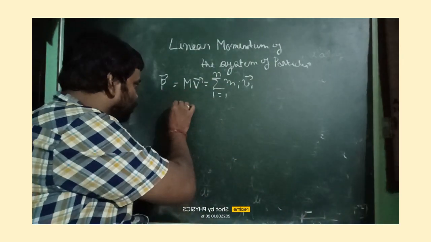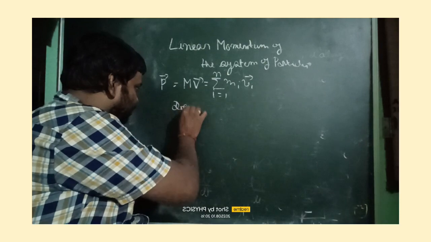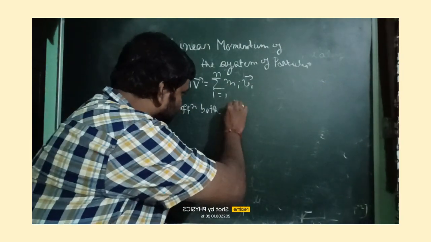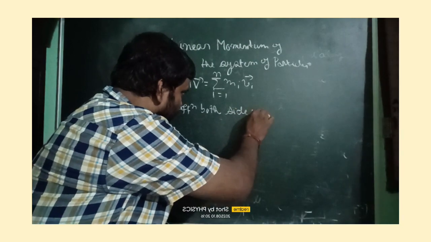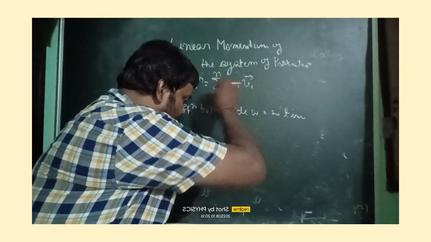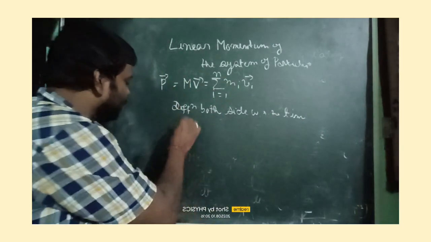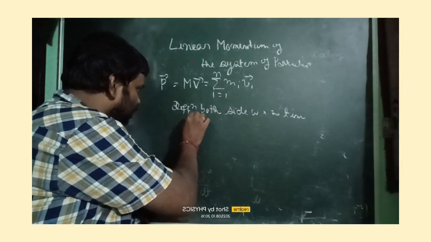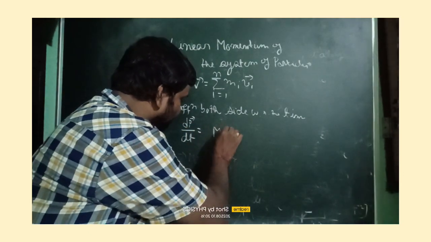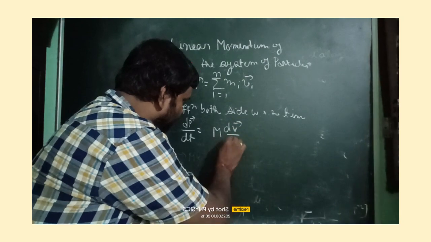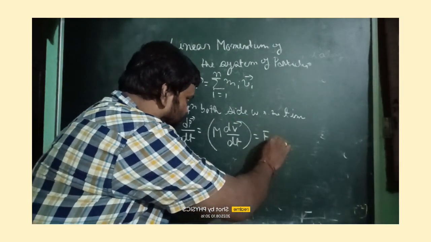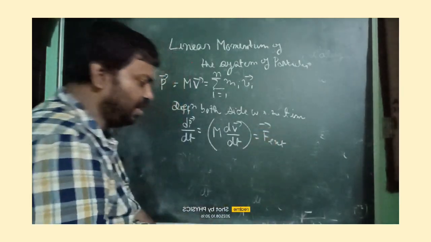Now differentiating both sides with respect to time, what will we get? That is dp by dt equals m dv vector by dt. What is this? This is the external force applied on the center of mass.